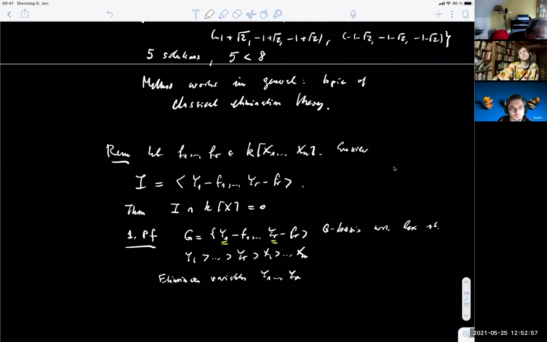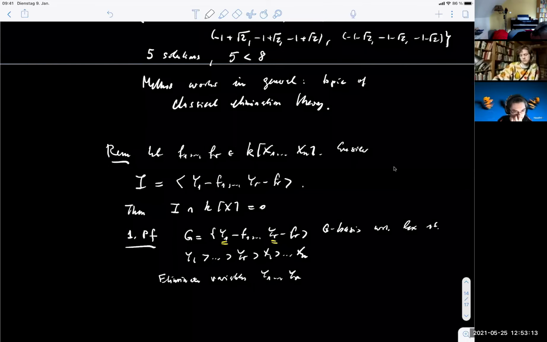From this Gröbner basis, I just pick those polynomials that do not depend on the y variables, but there is none, because all of them depend on some y. So now I apply the theorem.